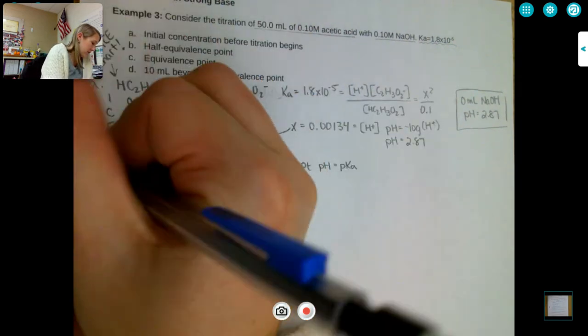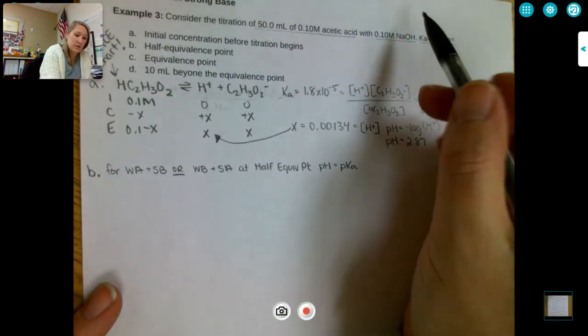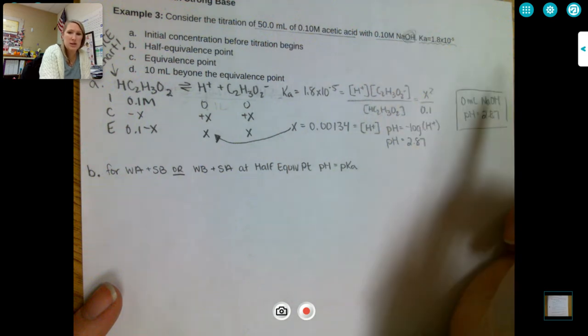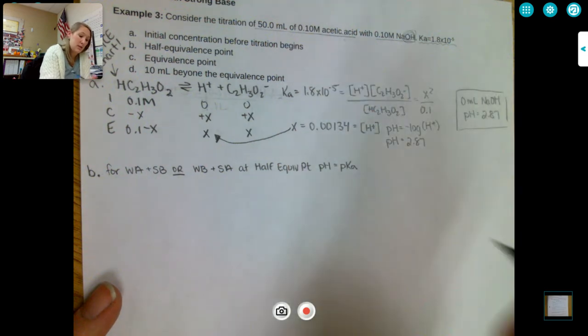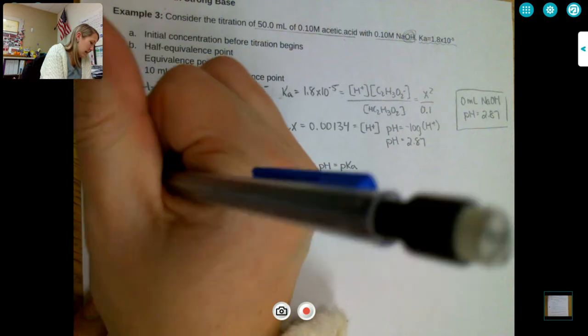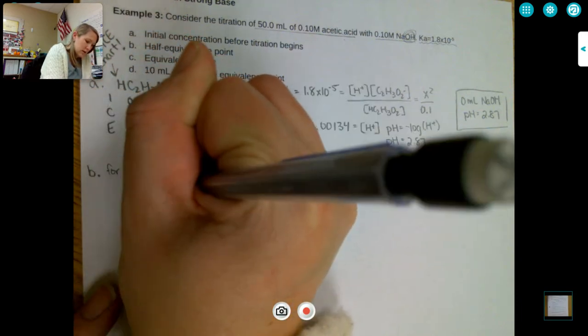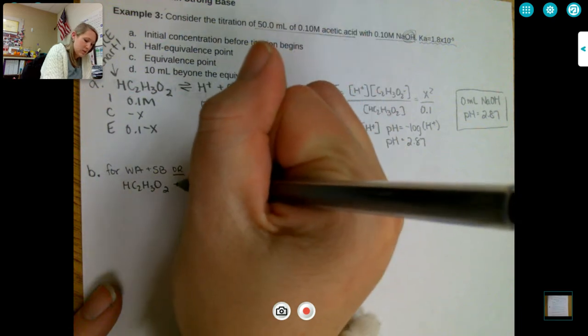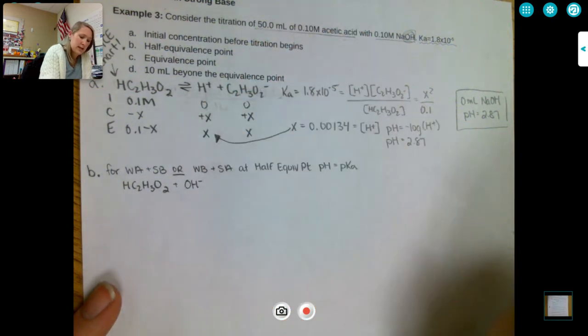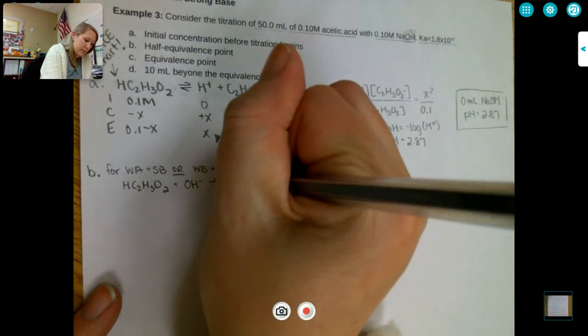So we're starting to add our sodium hydroxide to our acetic acid. So we have a new reaction. Our acetic acid, HC2H3O2, is reacting with the hydroxide ions from our sodium hydroxide.